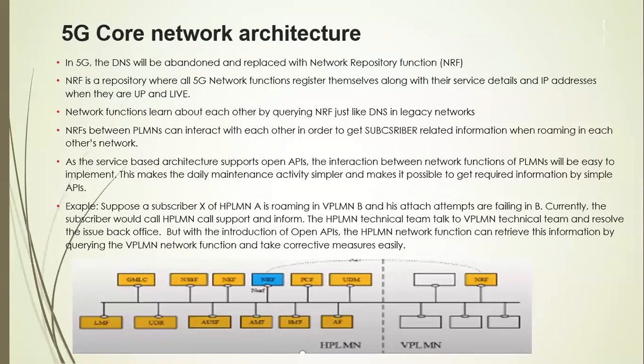This is possible if the operators are using this suggested open API based architecture in their core network. This will help the operators to seamlessly make their network functions communicate with each other, thereby reducing the human intervention and day-to-day activities in the back office.